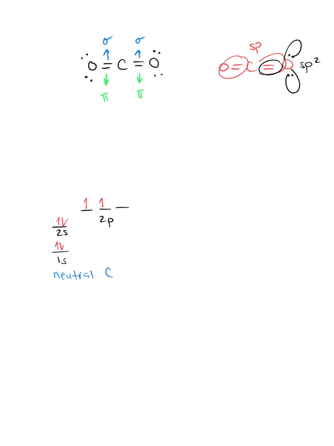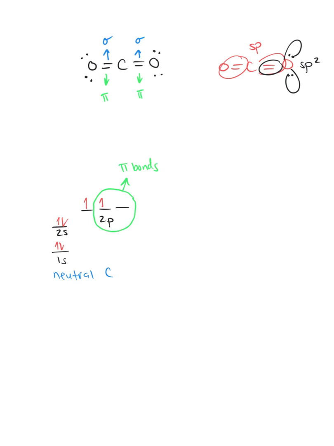So what this means is that carbon is going to form two pi bonds and 2 sigma bonds. So in order for it to form 2 pi bonds, I need to reserve 2 of the p orbitals for those pi bonds.